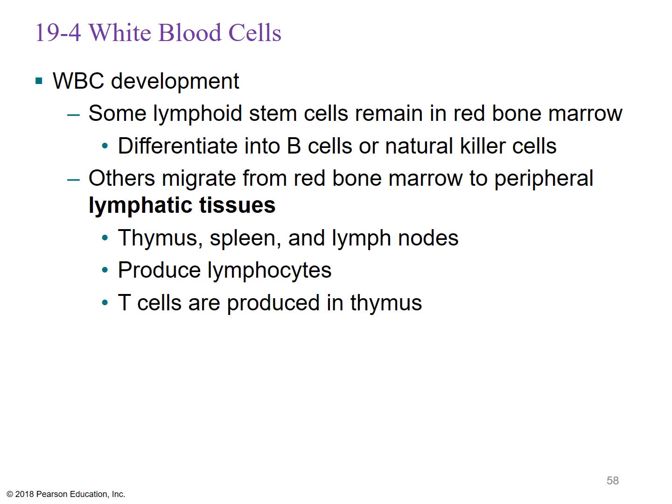This is the organ that sits in the chest near the heart, and it is the one that is going to be producing our T cells. The thymus does atrophy with age, so that is why it is more common for people who are elderly to become ill a whole lot easier because of the atrophy of the thymus and the reduction in the T cell population.